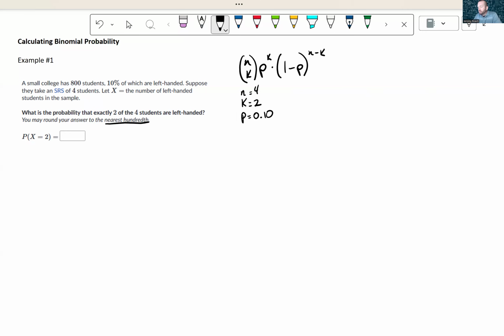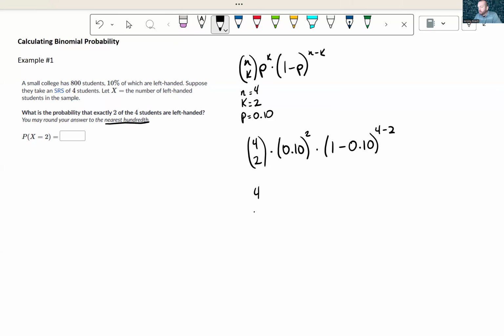Okay, so now we're just going to put this in our formula. 4 choose 2 times 0.1 squared, times 1 minus 0.10 to the 4 minus 2.